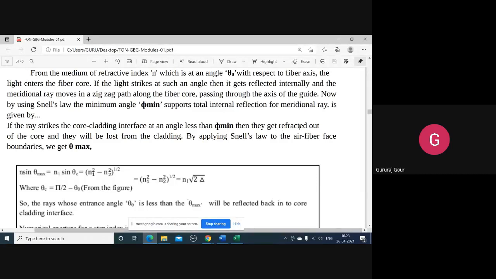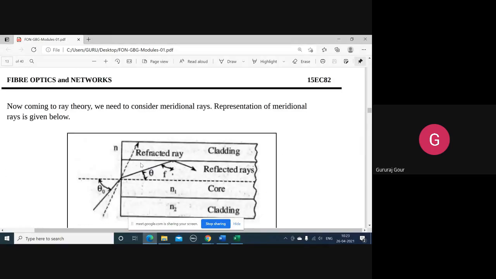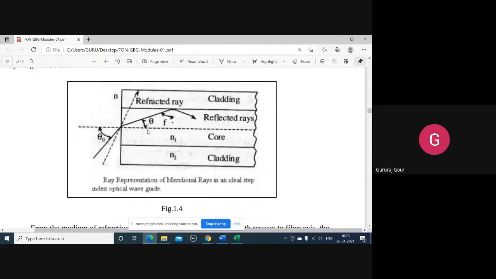Refraction will take place and the ray is lost into the cladding. You can see it has been shown here. We are going to lose the information in the form of refraction. So if your ray of light experiences an angle less than theta or phi minimum, then it will not suffer TIR and it will instead suffer refraction.